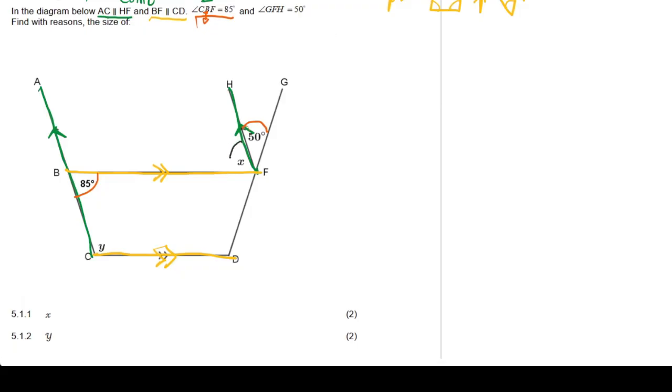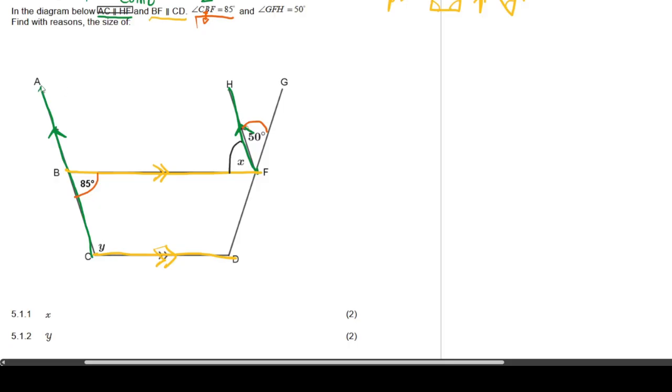So X is over here. Let's see if we can get anything with the, since they gave us this first, we'll probably have to use this one first. All right, so let's see. Can we do anything with the F?